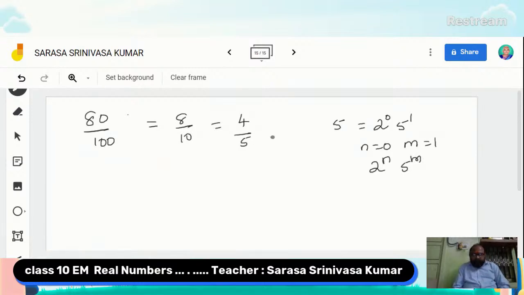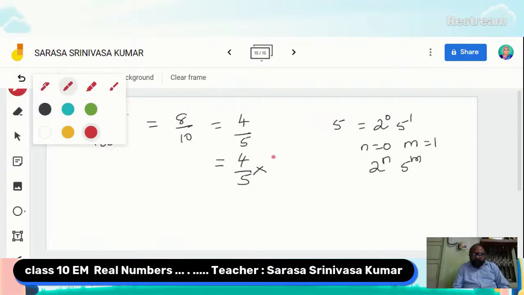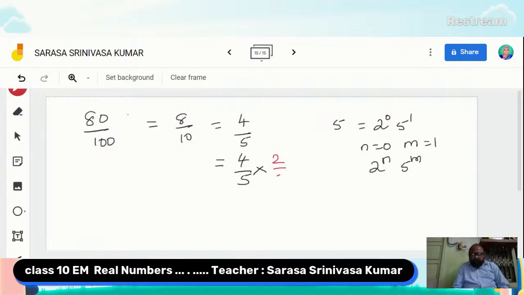So this is equal to 4 by 5 multiplied by 2 by 2. Why? Because 10 equal to 5 multiplied by 2.